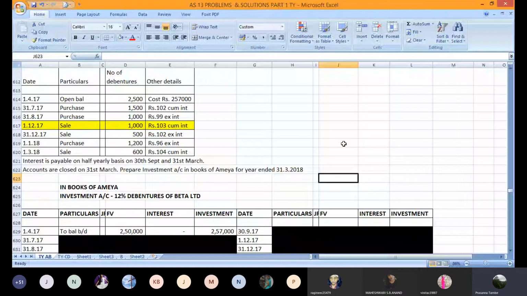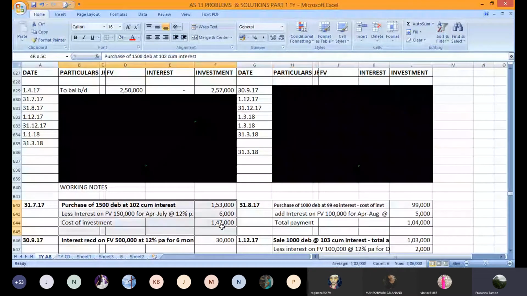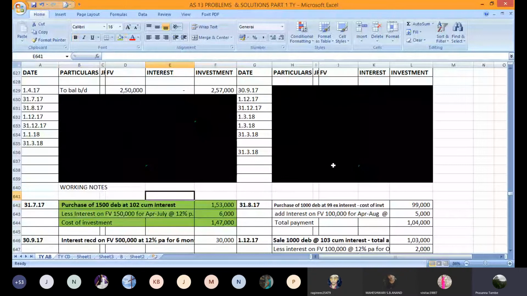On 31st July, we are purchasing debentures, and the debentures are at cum interest price. So 1,500 debentures at 102 rupees cum interest price. If you multiply 1,500 into 102, the total payment for this transaction is 1,53,000. But this 1,53,000 at 102 is a cum interest price.